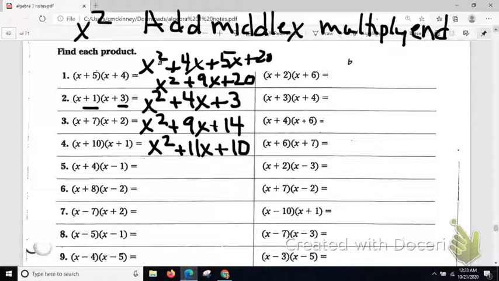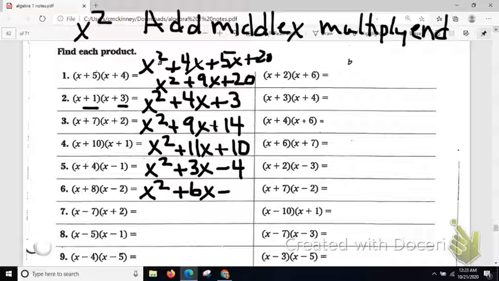So x times x, still x squared. 4 and negative 1 make positive 3x. 4 times negative 1 is negative 4. So x squared, 8 and negative 2 make positive 6x, 8 times negative 2, negative 16.